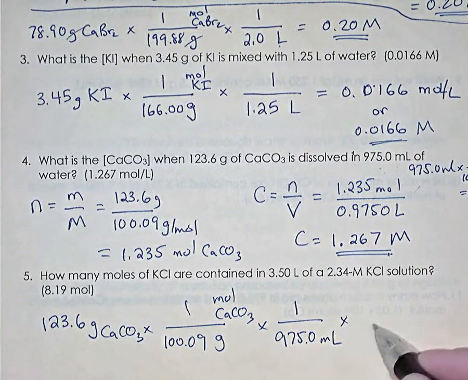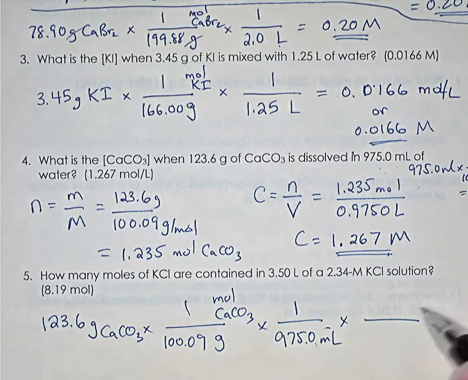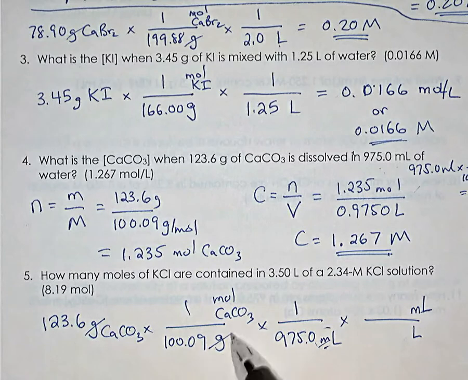And then with one more multiplier, I'm going to say, well, milliliters were supposed to have been liters. So I'm going to make these milliliters disappear by putting milliliters on top of this unit multiplier. When one's on the bottom and one's on the top, they will cancel out. And I'll switch the milliliters to liters. So when I cancel these units, the grams are gone, the milliliters are gone, and I'm left with moles per liter.